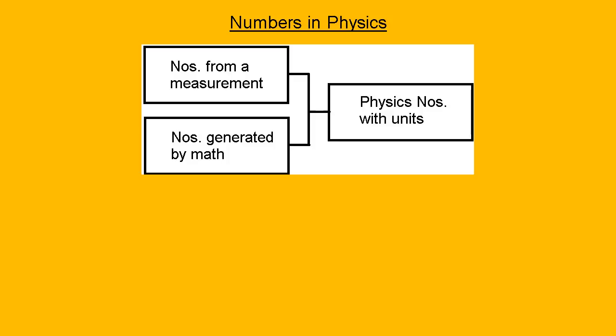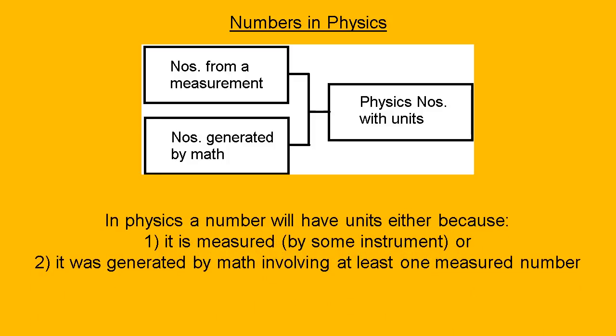Numbers in physics, therefore, fall into, let's say, 2 categories. That is, numbers with units. There are numbers that directly come from a measurement that have units, and there are numbers that are generated by the math, where you have at least one measured number in the math.